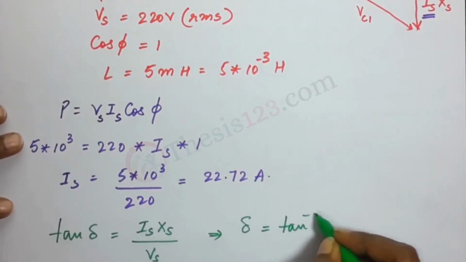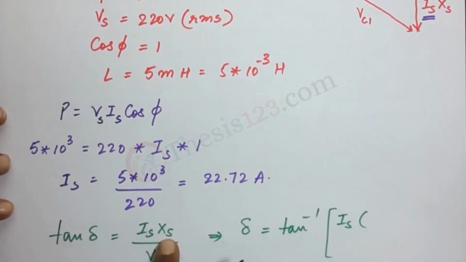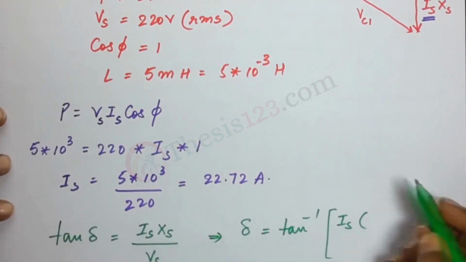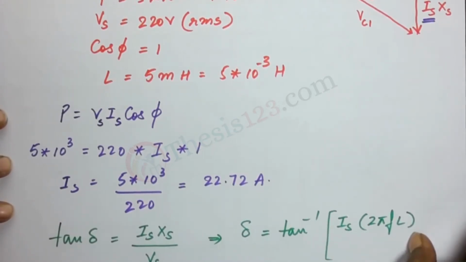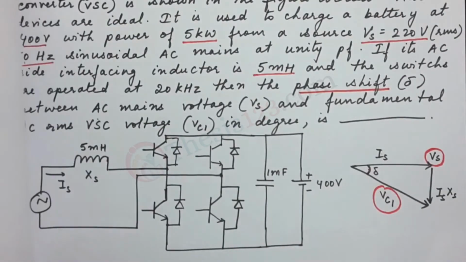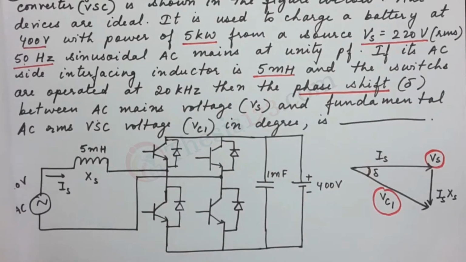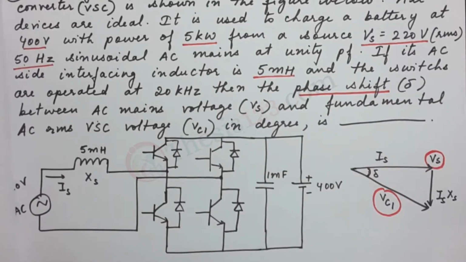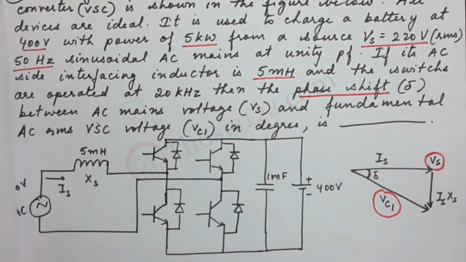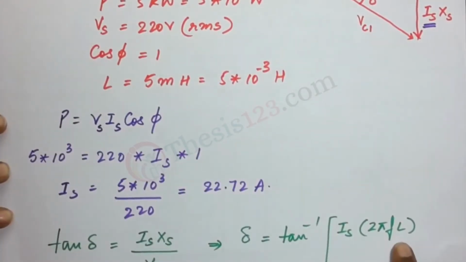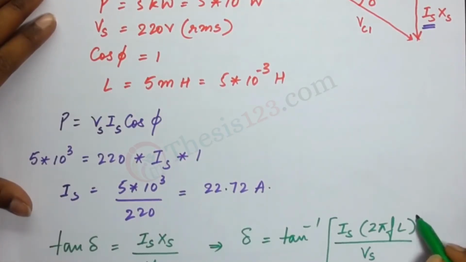So we get delta is equal to tan inverse of Is. Now we need Xs too, right? So Xs can be written as 2 pi FL, since look at the figure here, we have an interfacing inductor. So if we are to write down the reactance of the source, we write it in terms of inductance L. So 2 pi FL divided by Vs.